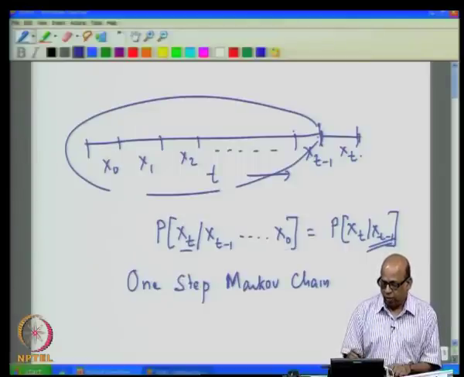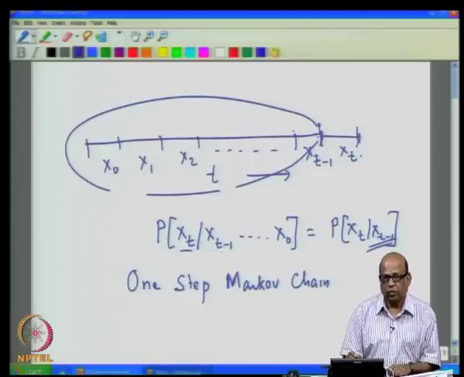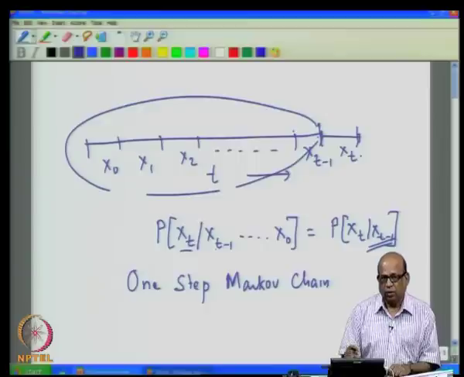You may also have processes where it depends not only on the previous time period t minus 1, but perhaps on 2 time steps previous to the current time period. That is, x t may depend on x t minus 1 as well as on x t minus 2. x t may depend on x t minus 1, x t minus 2 and x t minus 3.